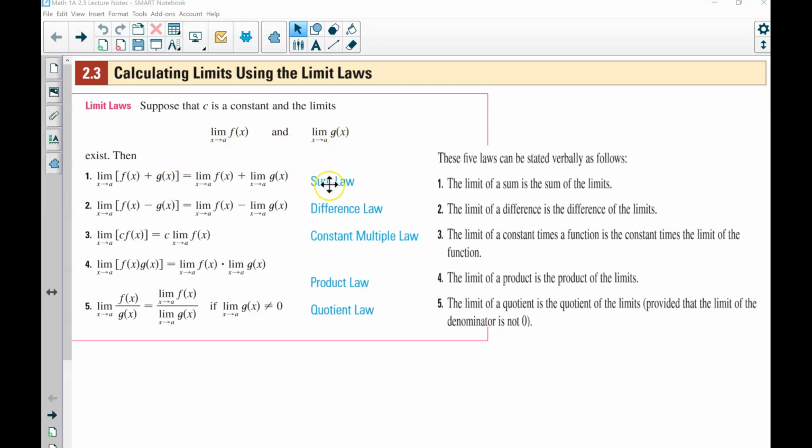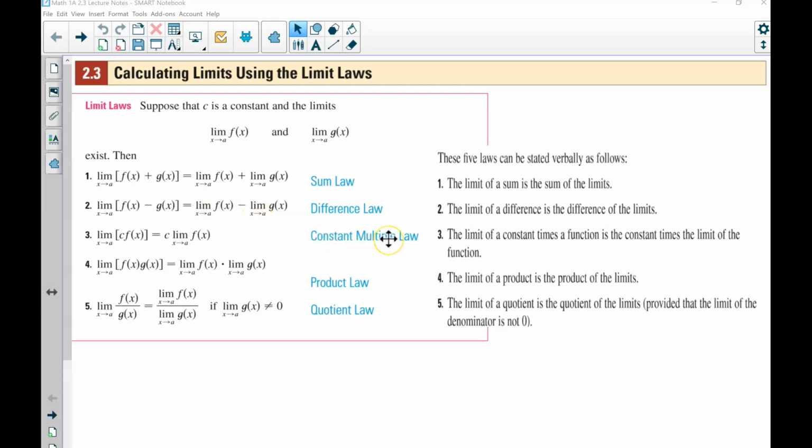Now the first one is the sum law. We would say that the limit of a sum is the sum of the limits. We have the difference law: the limit of a difference is the difference of the limits.